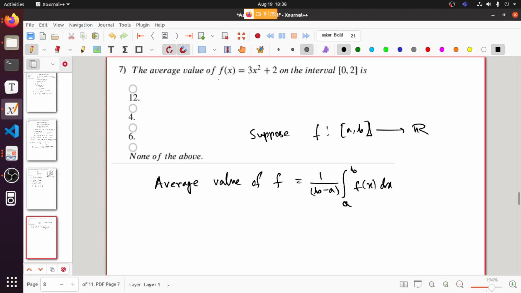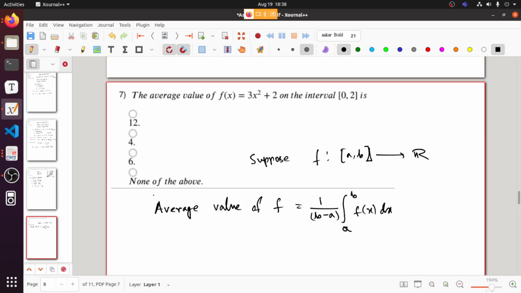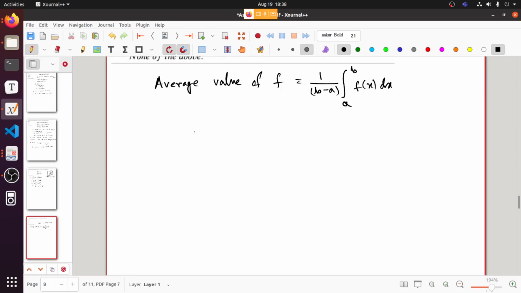So you have to find the average of f in the interval 0 to 2. So here a is 0, b is 2. What is the function? f(x) is given, 3x square plus 2 on 0 to 2, right?